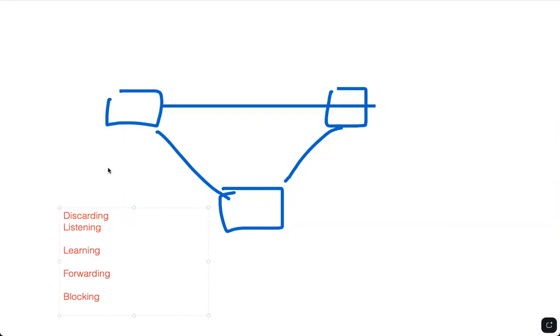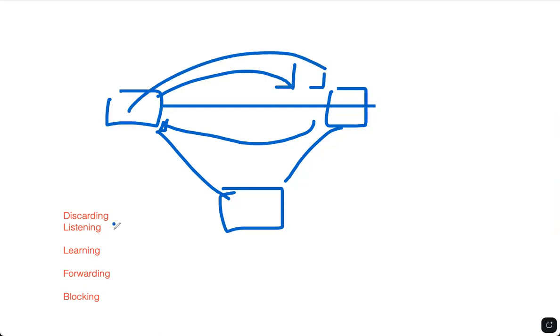But it takes a lot of time, because this switch has to send the BPDU, this switch has to send the BPDU, and they all should agree. This takes 15 seconds, and this takes 15 seconds, and this takes another 5 seconds, and this another 5 seconds. So in total, 40 seconds. This is a big time to block one of the ports, which is not good.